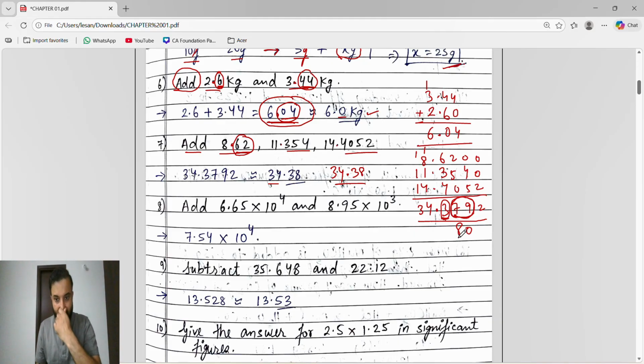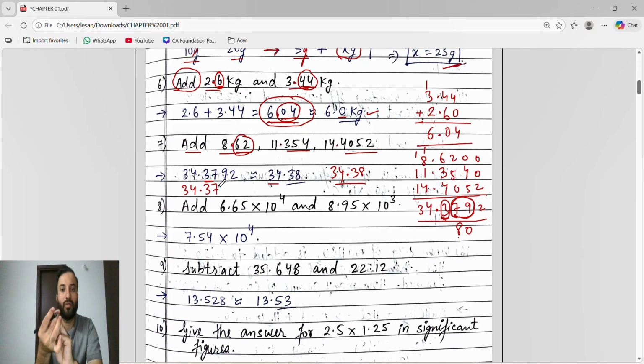Okay, suppose we got the same 34.3792 and we have to round off to 3 digits after the decimal. Before the decimal it remains as it is, 34 point, and we round off to 3 digits. The first 2 digits remain as they are, 34.37.